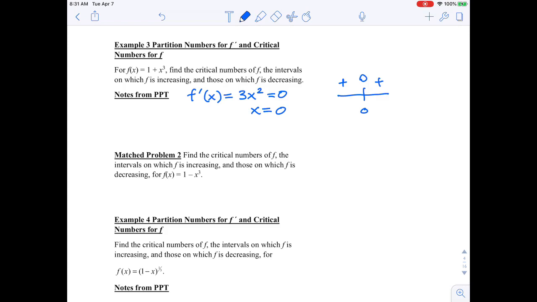So this is increasing. And since 0 is in the domain, this is just increasing throughout. So 0 is our critical value, and it's increasing. You try Match problem number 2.